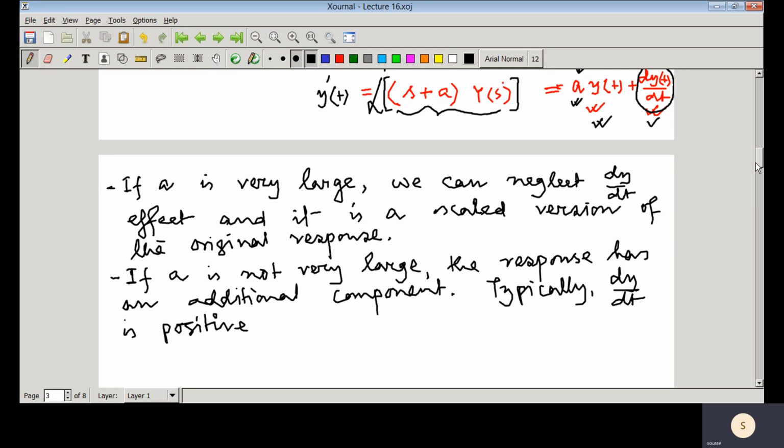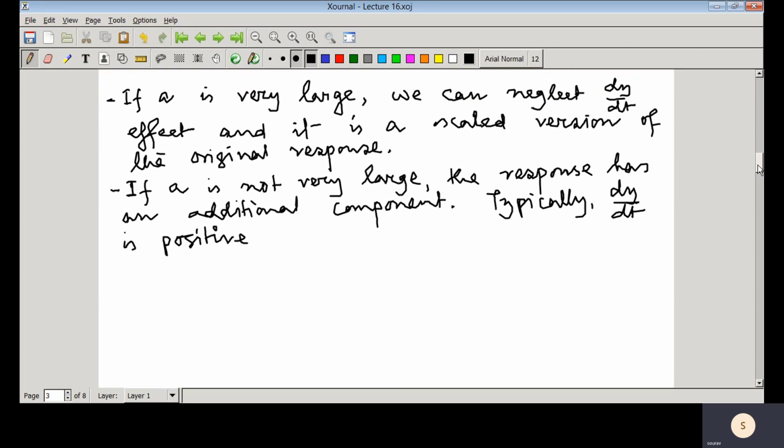Dy by dt is positive because whenever you apply an input to a system, when the switch is on, the time response grows. So it is positive at the start, and hence it increases that overshoot.